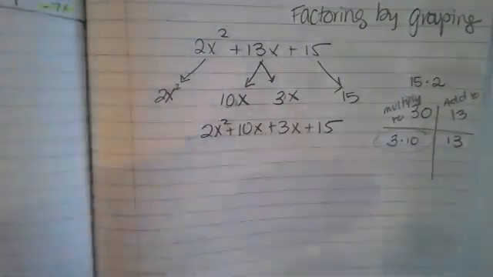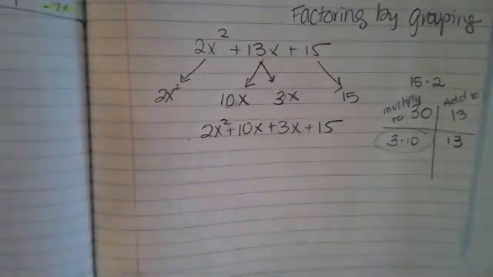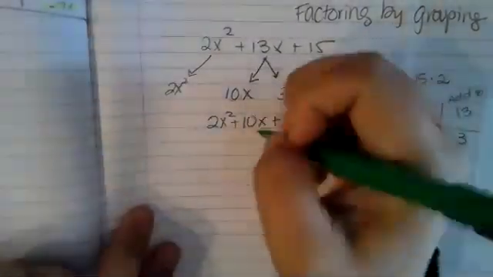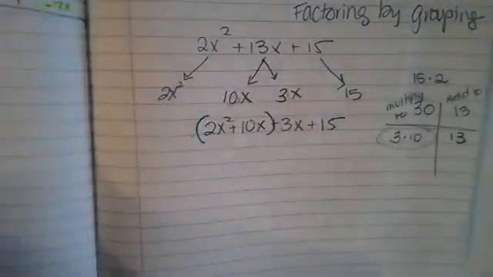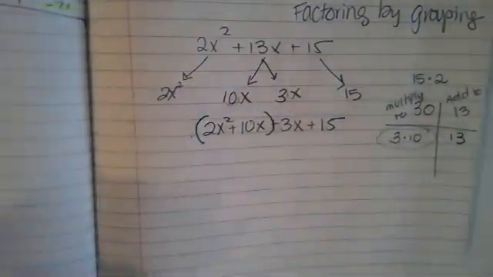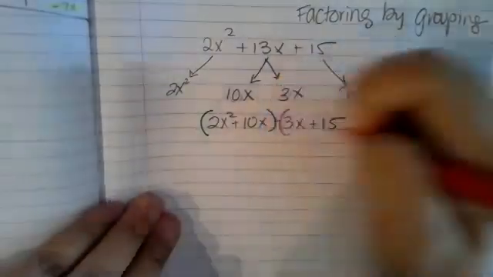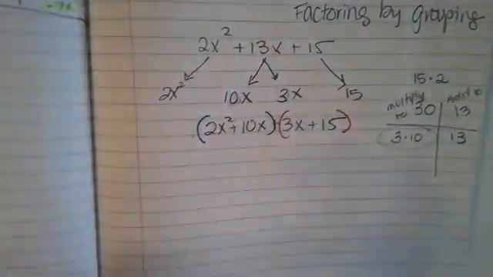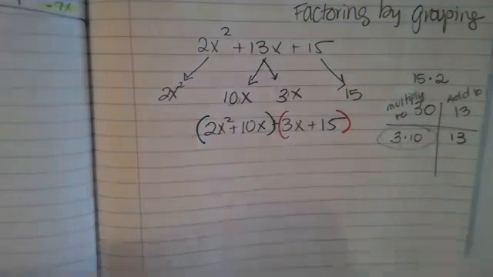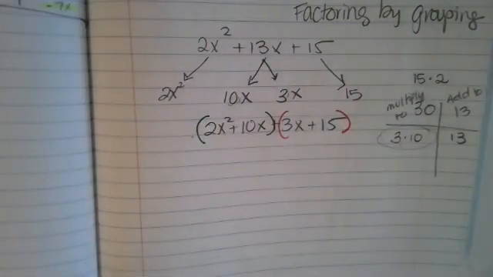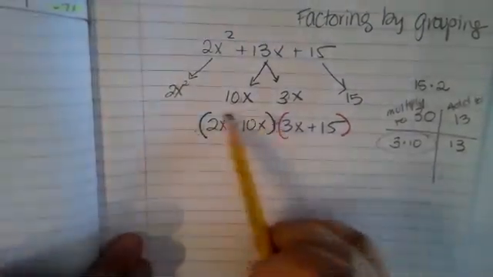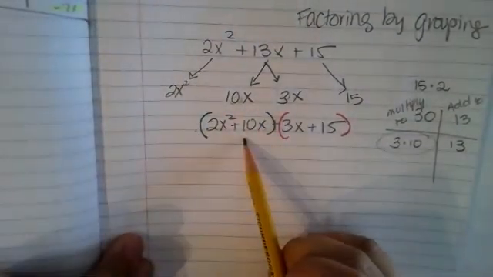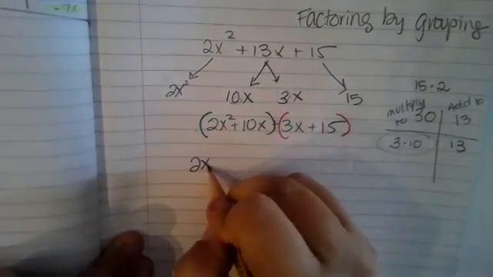So now that I have this and I split that middle term, I am going to take this polynomial and create 2 binomials. So here is binomial 1. Here is binomial 2. What I'm going to do is pull out the GCF from each binomial. When I pull out this GCF, it's 2x.